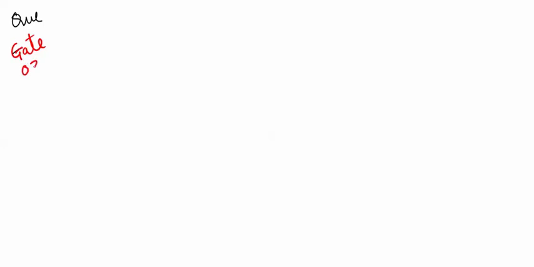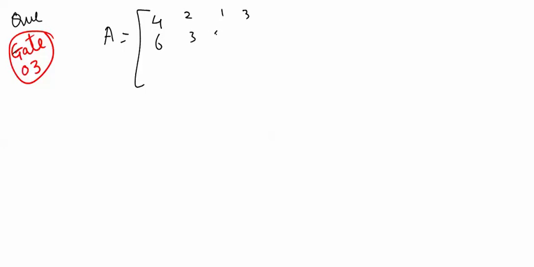The question given was, there's a matrix A. The values were 4, 2, 1, 3, 6, 3, 4, 7, 2, 1, 0, 1. Now, if you see, this is what kind of a matrix? 4 cross 3, right?